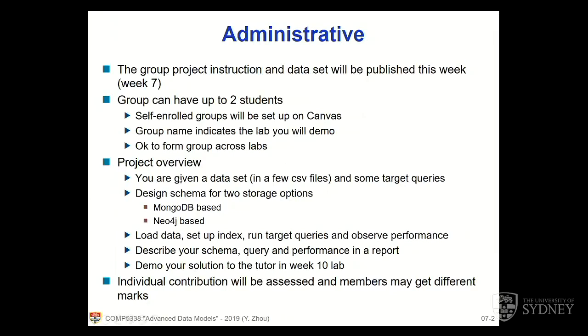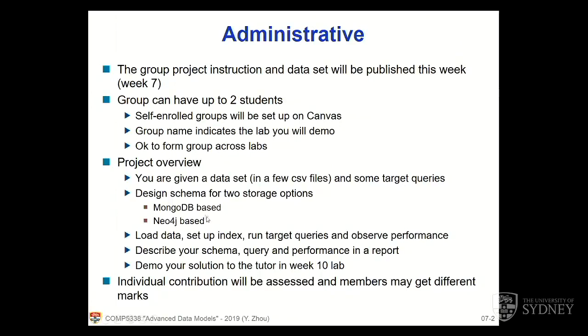So the project basically is like you're given a data set, and there will be a few CSV files. They're kind of related with each other. And there are some target queries. So you need to design a schema for 2 storage systems, like MongoDB and Neo4j, which is the one we're going to learn this week and the next week.